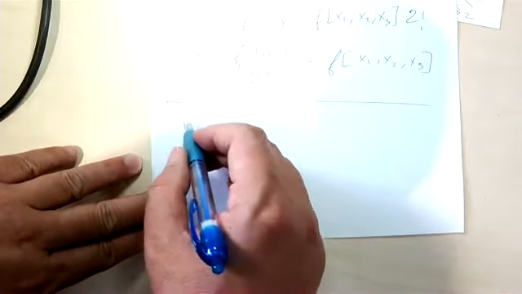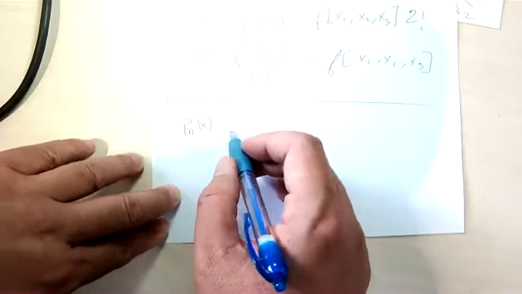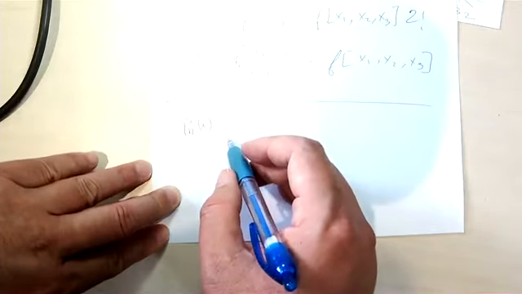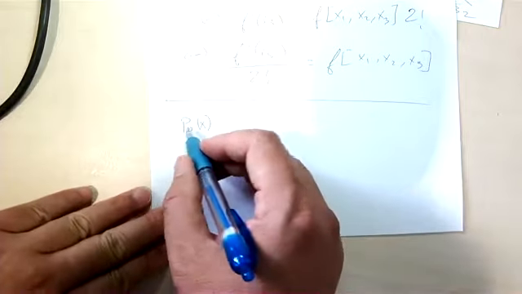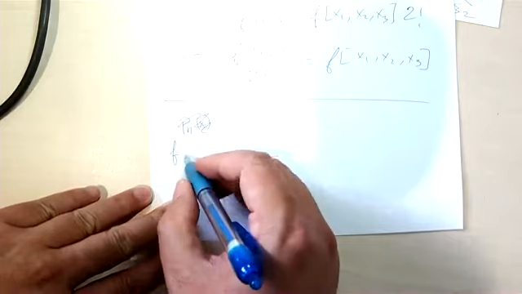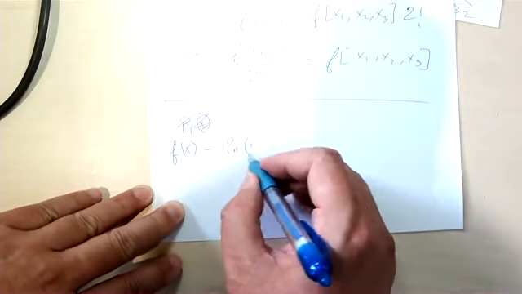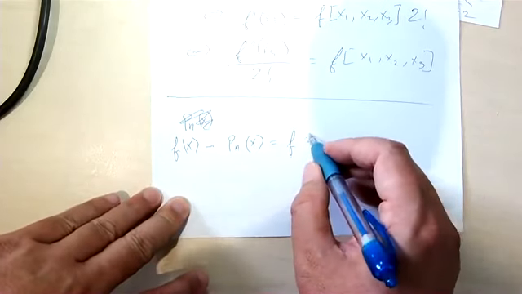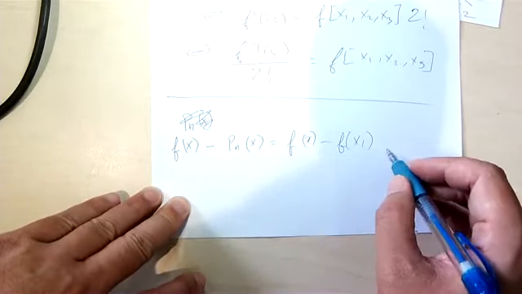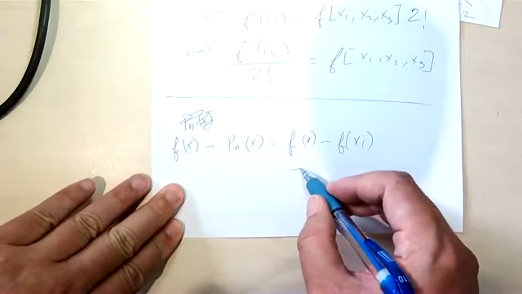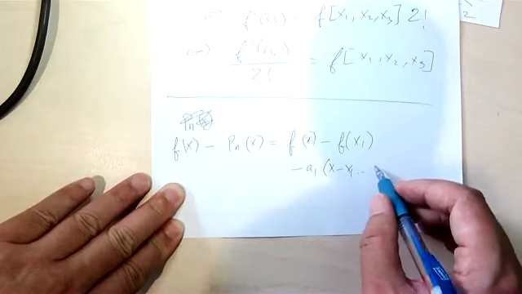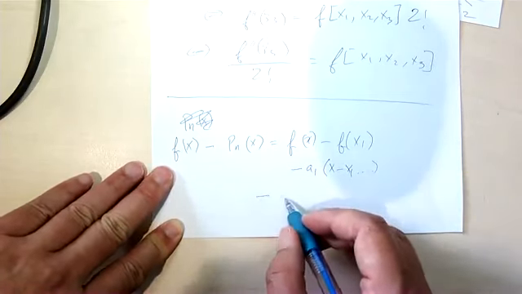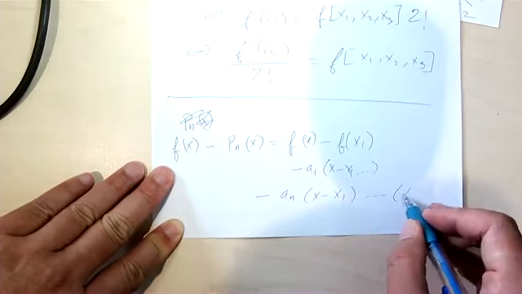So what you have is Pn(x), minus, so suppose I take f(x) minus Pn(x), then I just have f(x) minus f(x1), minus a1(x minus x1) and so on. Yeah?